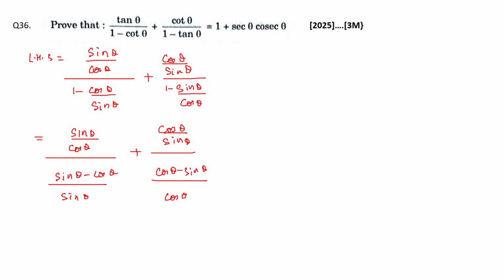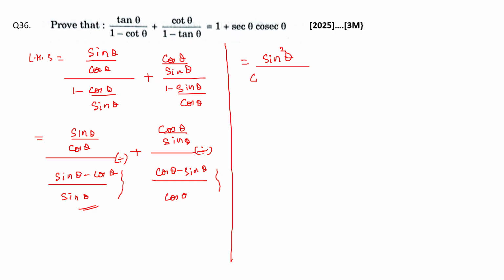Now after that, now this is your division. Change division to multiplication. So you have to write the reciprocal of this part, isn't it? So what it will become here now? Sine theta, and the sine theta from here it will get multiplied. It will become sine square theta. So cos theta into sine theta minus cos theta.